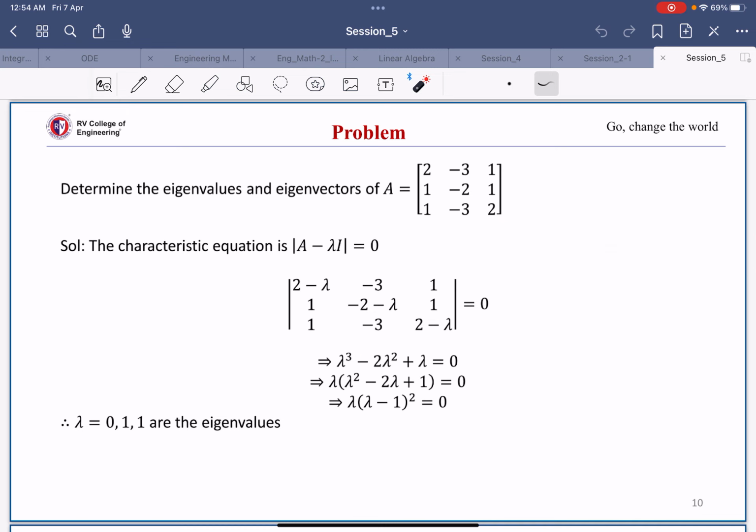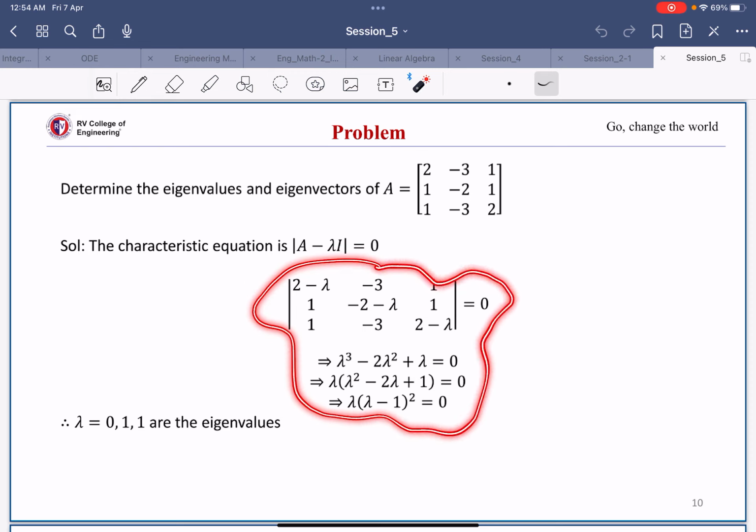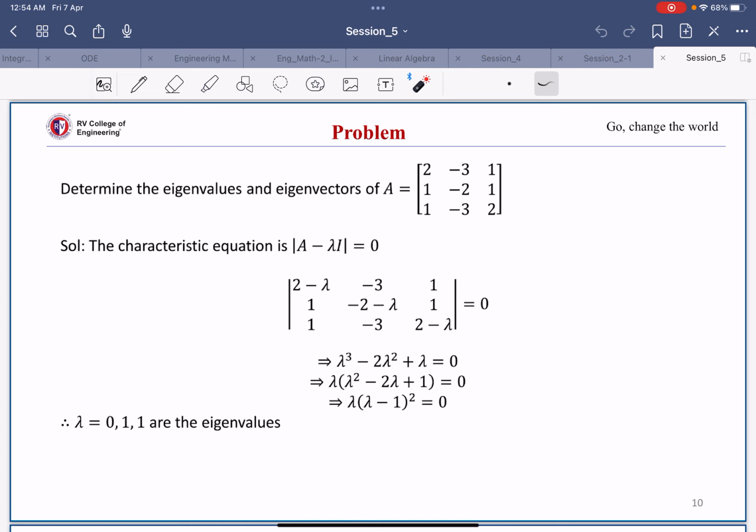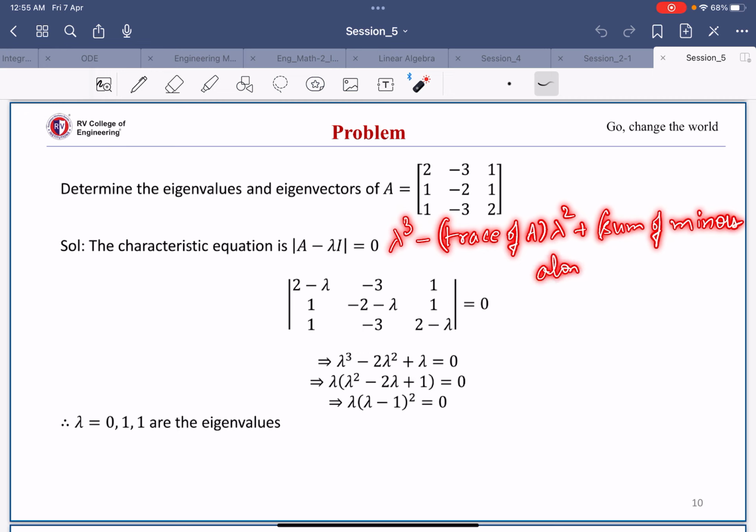There is another shortcut. You can use the shortcut or the usual traditional way of obtaining the eigenvalues. So the shortcut for obtaining the characteristic equation for a 3 cross 3 matrix is lambda cube minus trace of A into lambda square plus sum of the minors along the diagonal into lambda minus determinant of A is equal to 0.